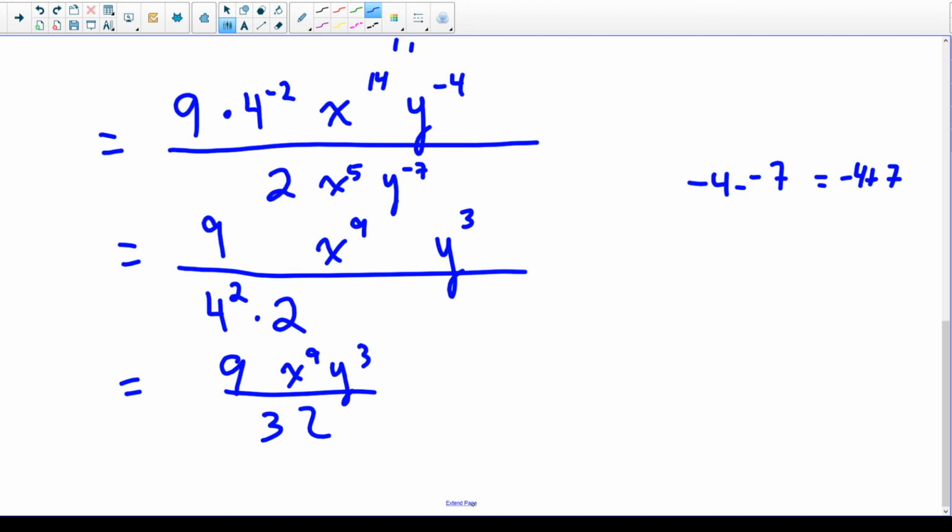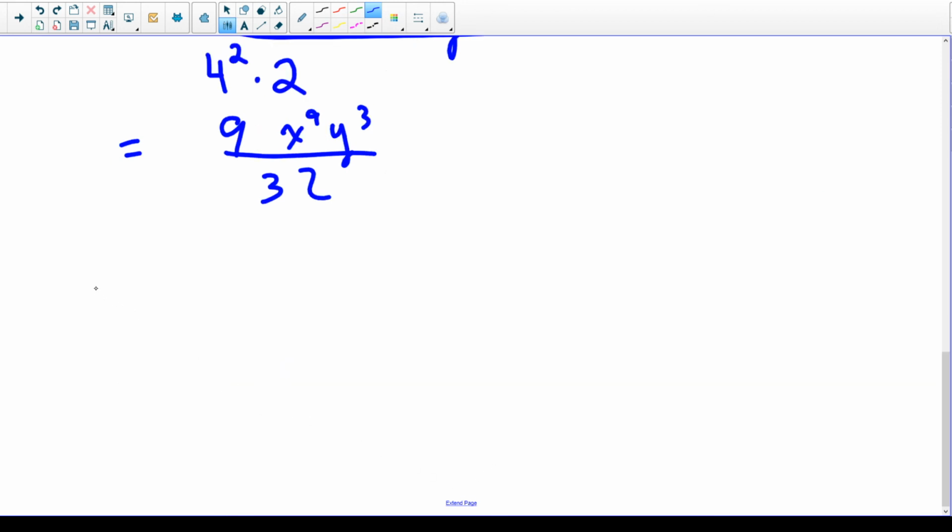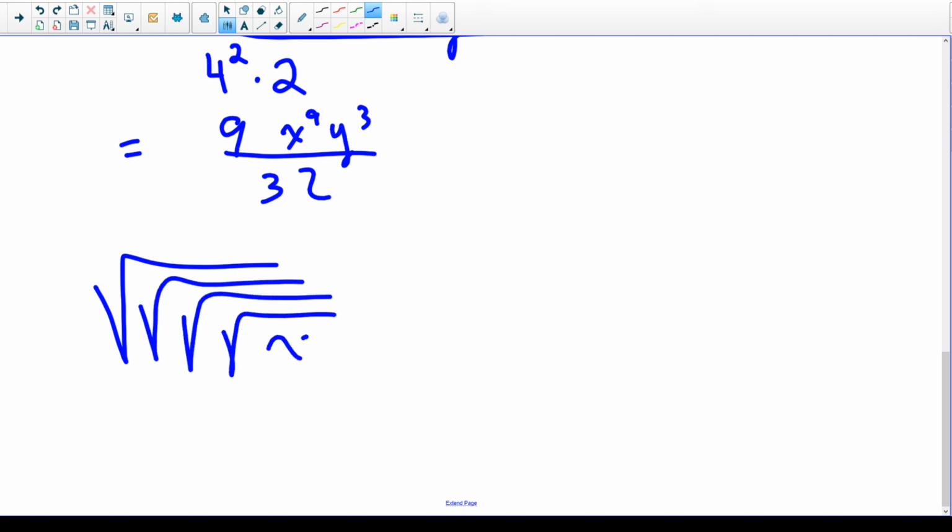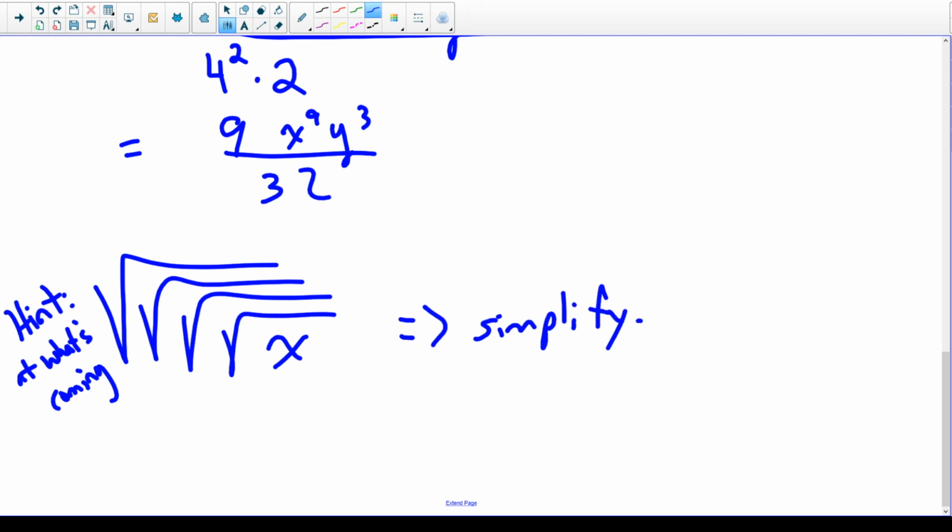Just to maybe hint at some of the stuff we're going to eventually see. This is a hint at something that's coming soon. Could you simplify that? And technically speaking, some of you would know how to do this based on some of the work we did with logarithms recently and the exponent laws that we just saw.